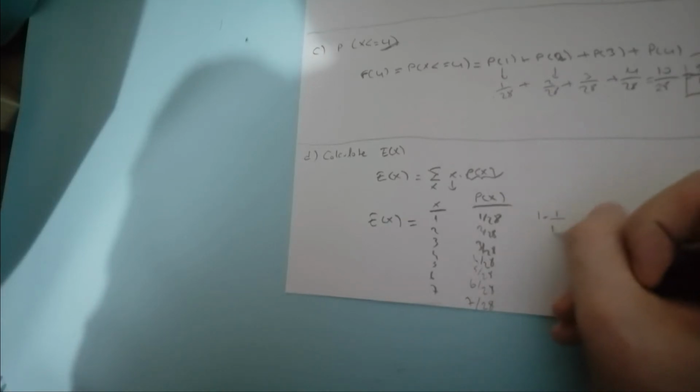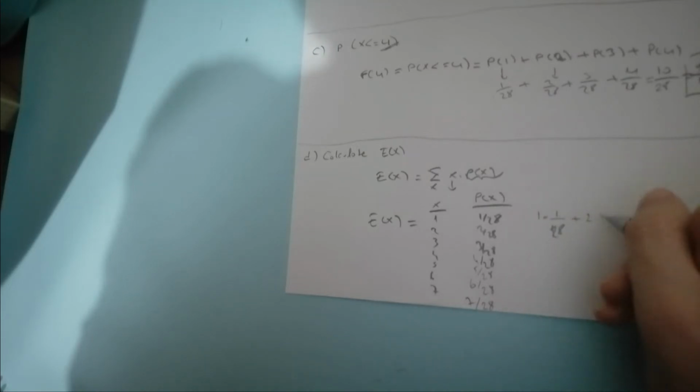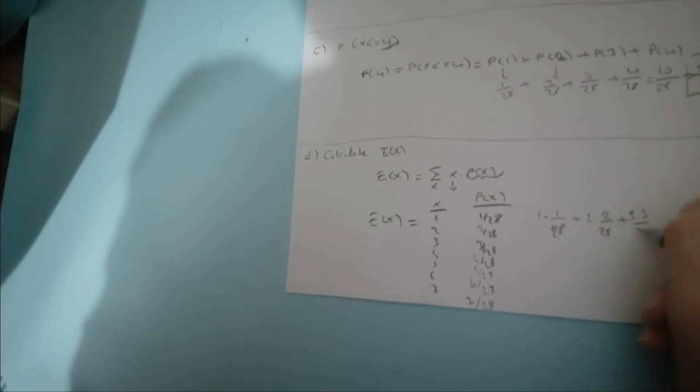1 times 1 over 28, 2 times 2 over 28, 3 times 3 over 28, and up to 7. Up to this.